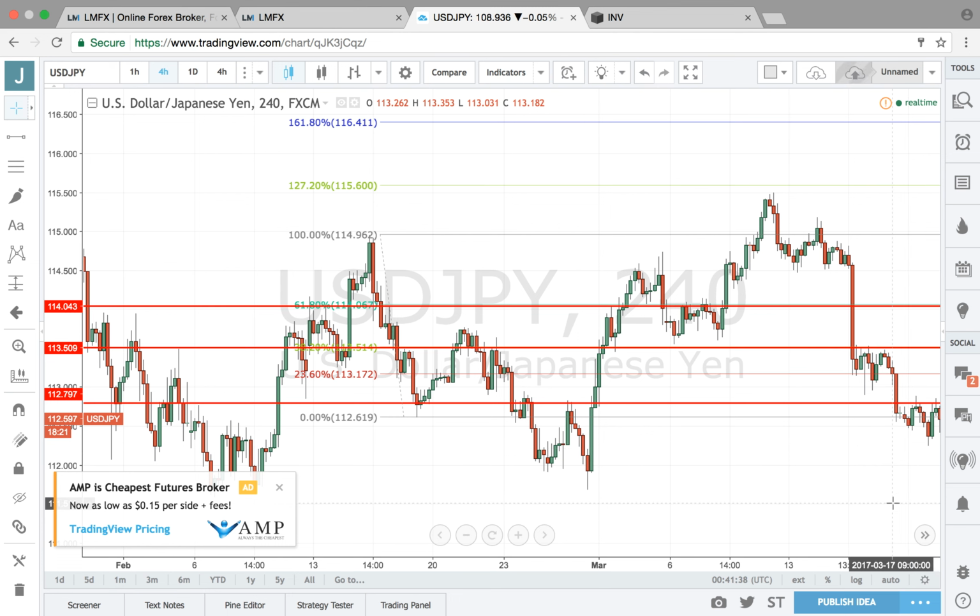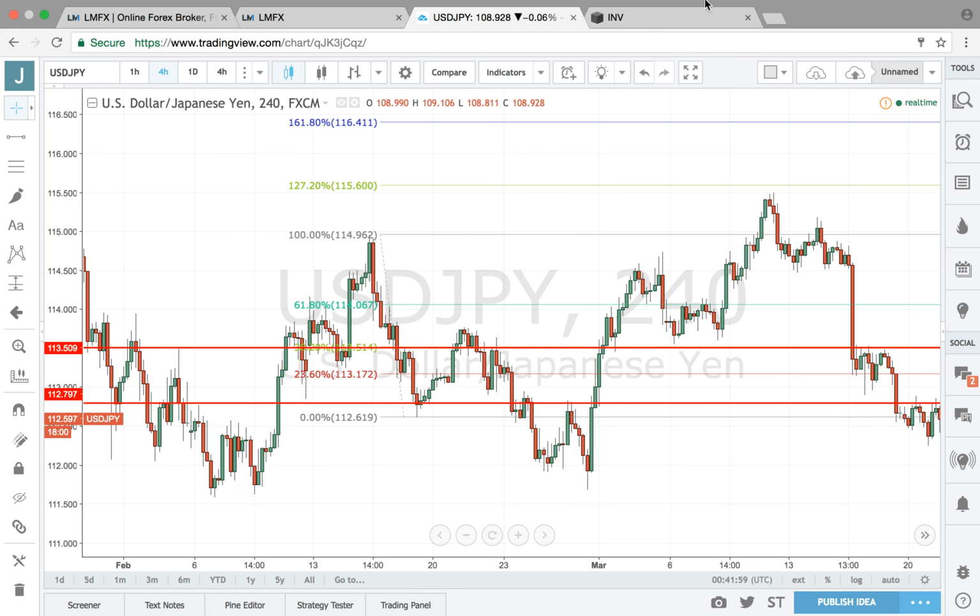On the hour, I'm only risking 5 to 10 pips, and the reward will be 30 to over 100 pips. So that risk to reward is very nice. I'm going to show you all some more examples.